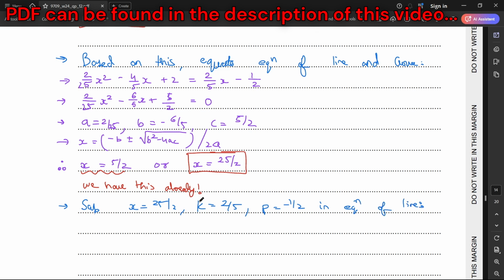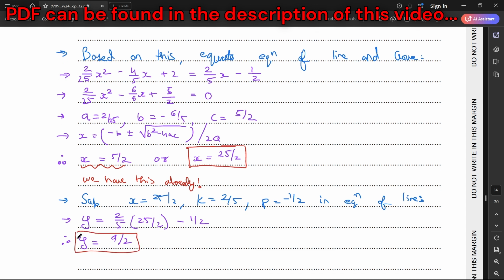And that is going to give us the value of y, that is the other point of intersection. So y is equal to kx plus p, and therefore my y will come out to be 2 by 5 times 25 by 2, which is 5, minus half is 9 by 2. So 9 by 2 will be your y coordinate for the intersection.